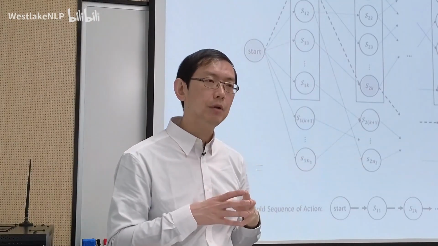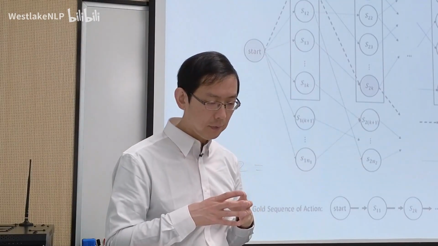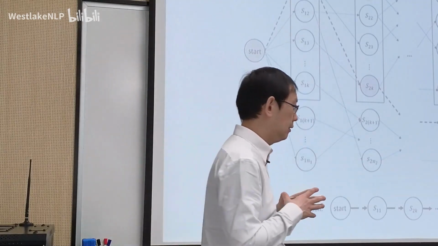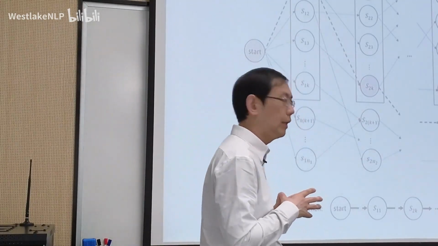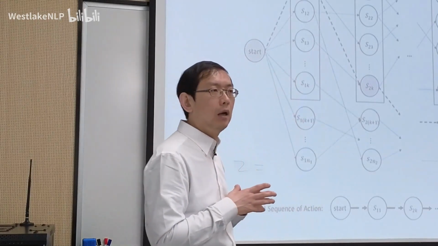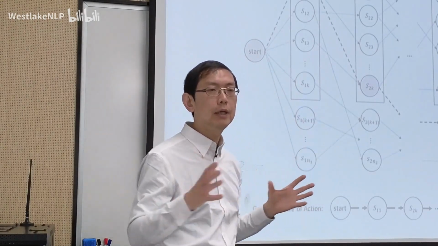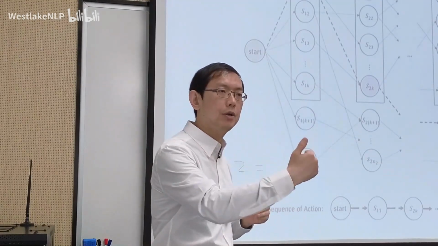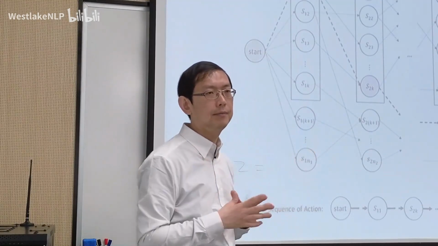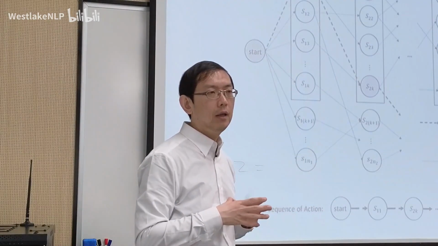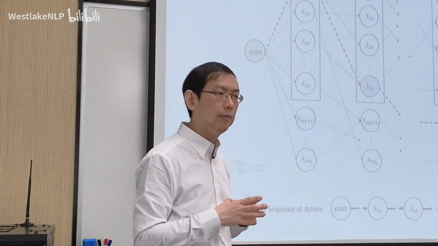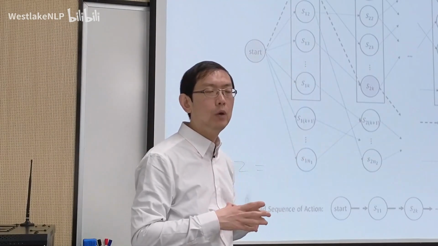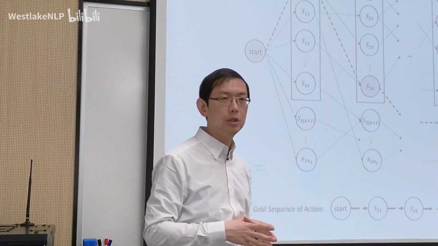Inspired by this observation, we can define a training algorithm, as I state, okay, here. When we're given a set of training data, we transform each training structure into a gold action sequence. Then we train a model by using a perceptron-like algorithm, which is integrated into the beam search process.